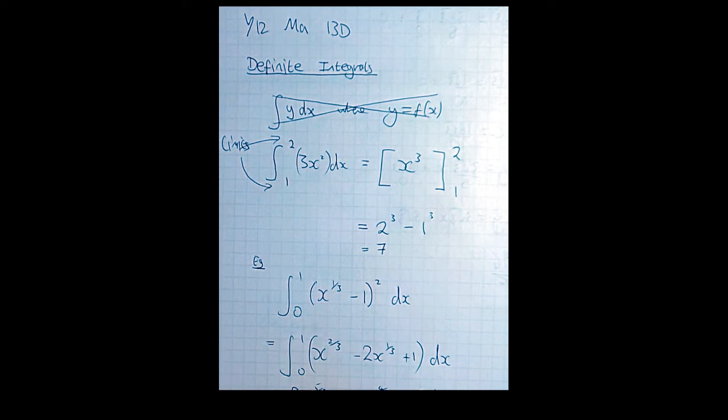Let's just simplify this. So I've done the integration, I haven't subbed my limits in yet. 6/4, so that's 3/2. I can just squeeze onto the bottom of the page.